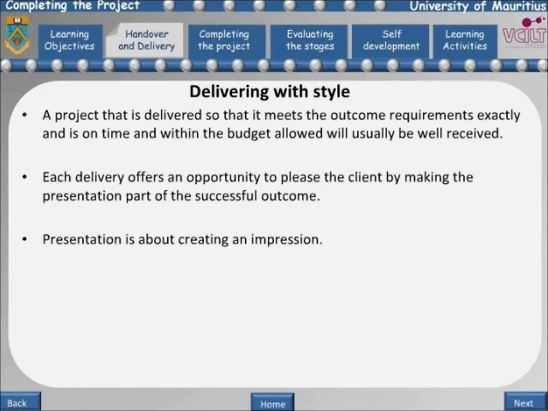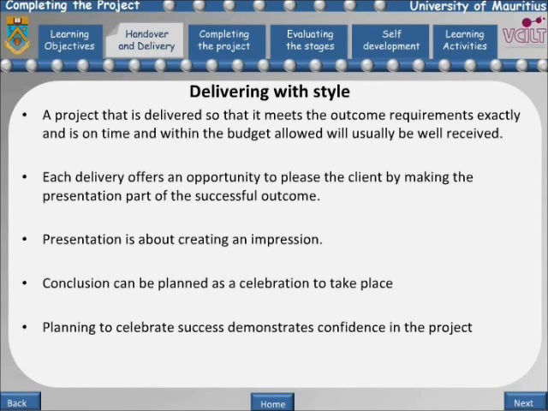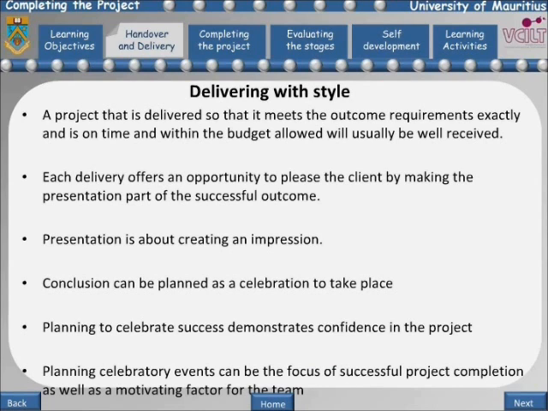The successful completion of a project is the purpose of the whole thing, but somehow the final stages can often be an anticlimax. The conclusion can be planned as a celebration to take place whilst the project team is still intact. Planning to celebrate success demonstrates confidence in the project and can be indicated as a milestone from the early stages of the plan.